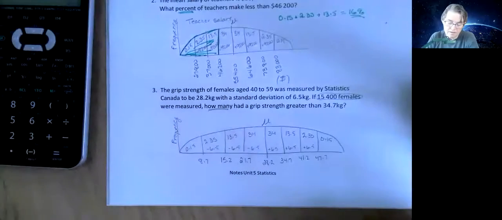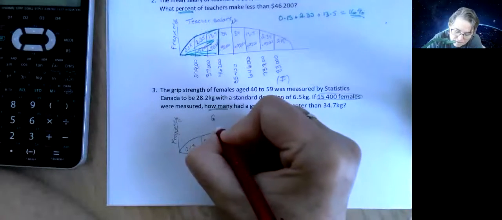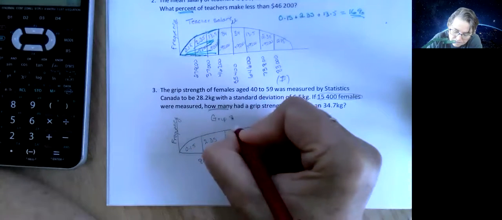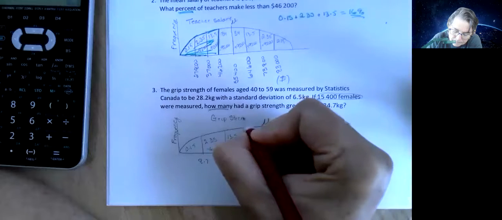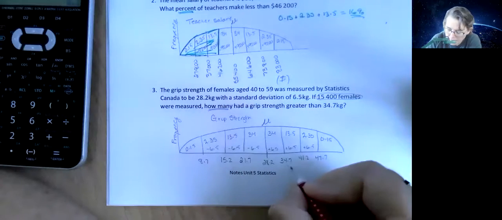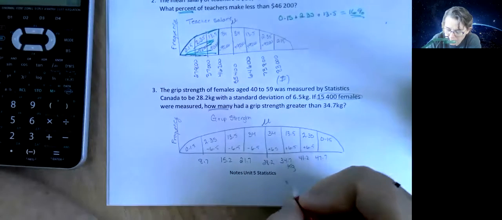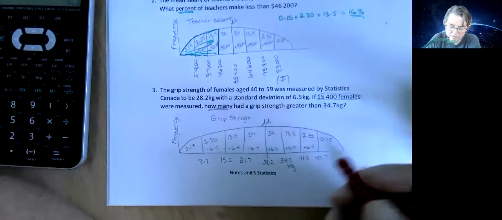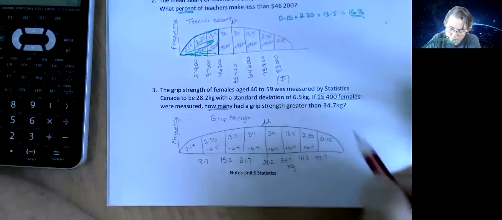All right. So this was grip strength, and this was kilograms. All right, so 34.7.